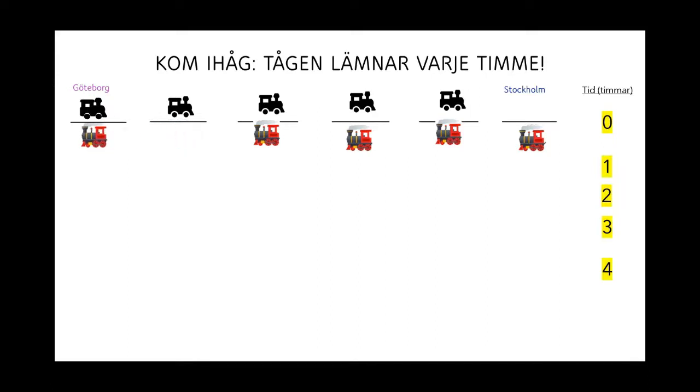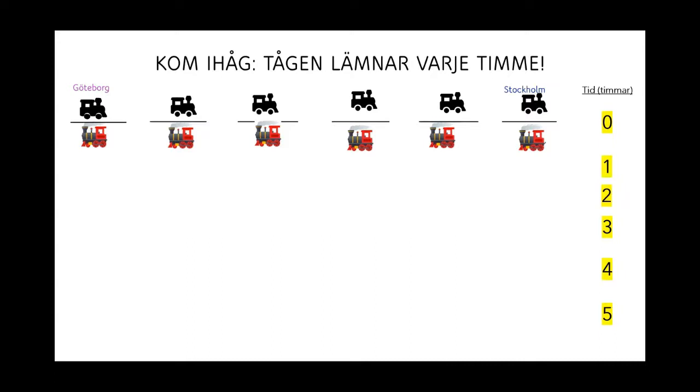And finally, we have our first trains arriving at their destination. And one new train leaves Stockholm, and one new train leaves Gothenburg. So now that the first train from each station has arrived, we will stop the pattern. We have reached our 5th hour, our final hour.